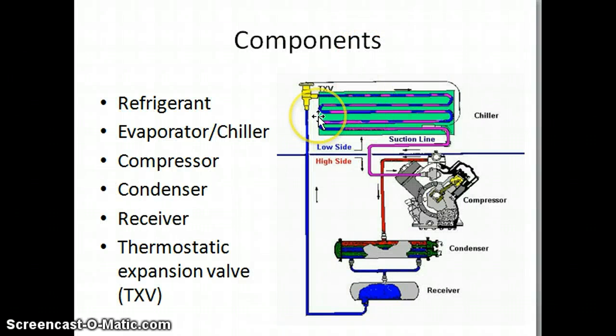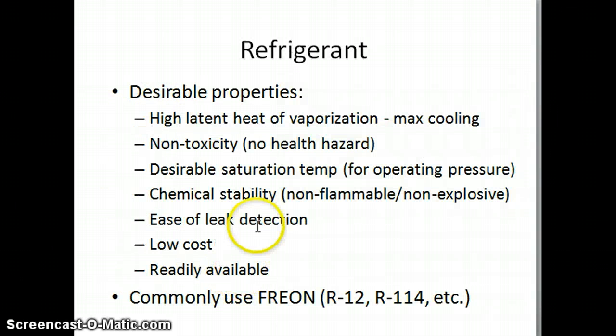Now we are going to discuss the parts of the refrigeration system. First of all, we discuss components like refrigerant, evaporator or chiller, compressor, condenser, receiver, and thermostatic expansion valve. Now, what is the refrigerant? A refrigerant must have high latent heat of vaporization, meaning maximum cooling.